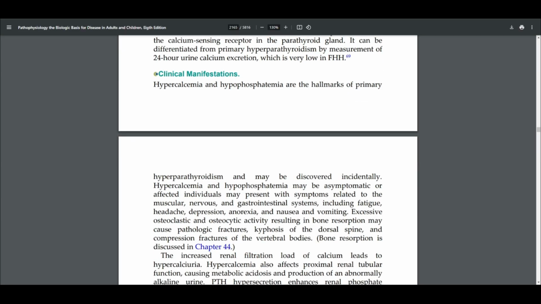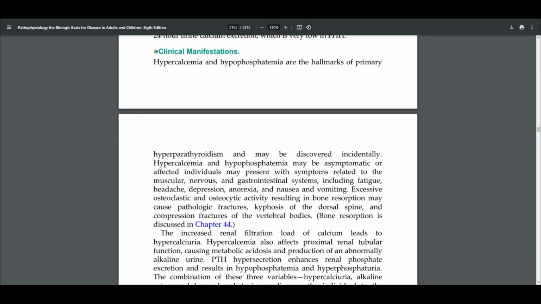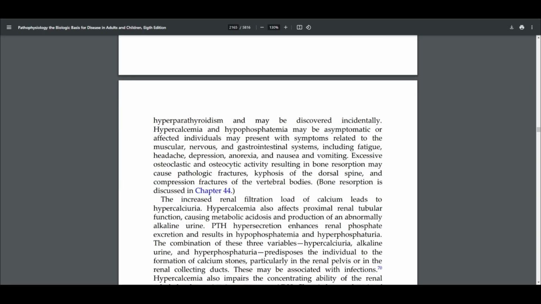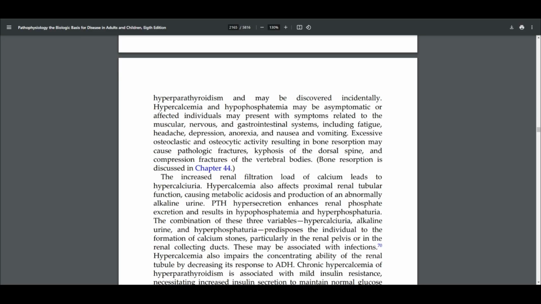So, clinical manifestations: hypercalcemia and hypophosphatemia, again, are the hallmarks of primary hyperparathyroidism and may be discovered incidentally. Hypercalcemia and hypophosphatemia may be asymptomatic, or affected individuals may present with muscular, nervous, and GI symptoms including fatigue, headache, depression, anorexia, nausea, and vomiting.